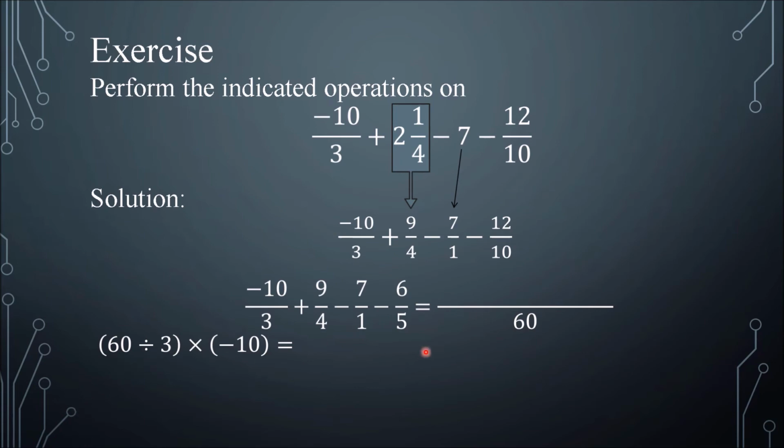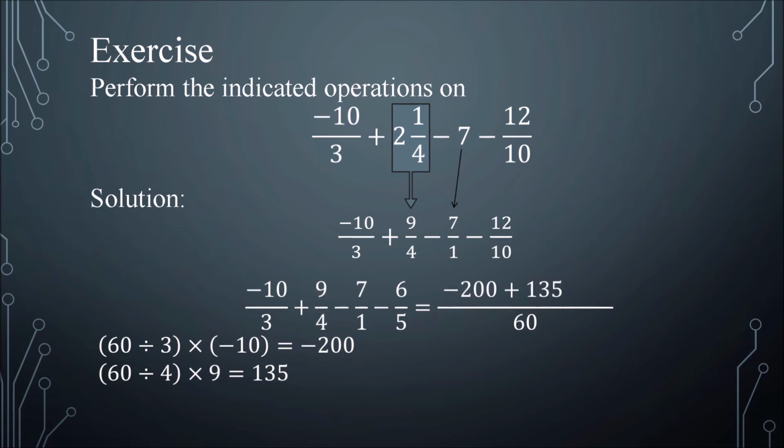So we have here 60. 60 divided by 3 times negative 10 is negative 200. That's the first. Next, we have 60 divided by 4 times 9 is equal to 135. That's the second. Next, we have 60 divided by 1 times 7.